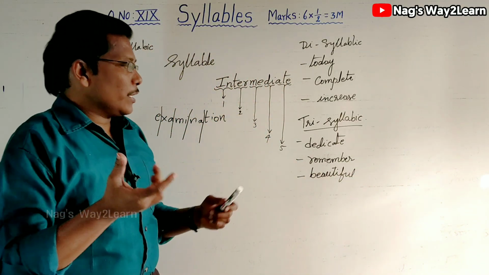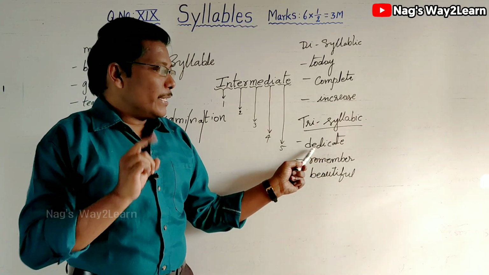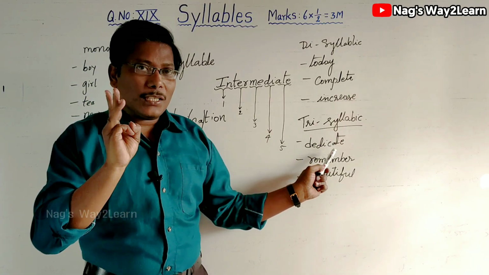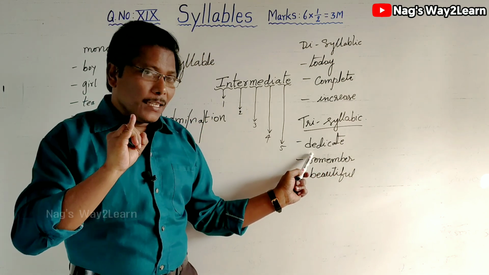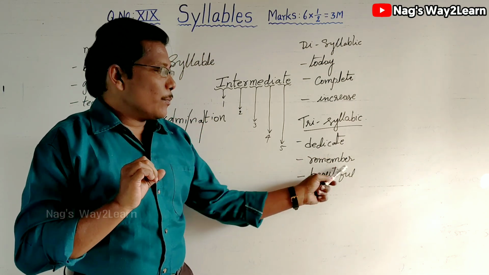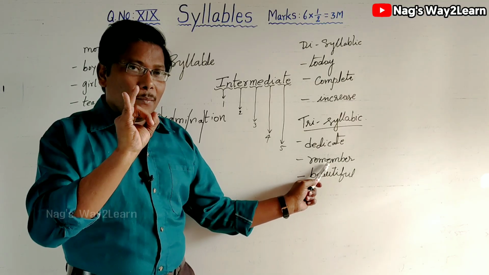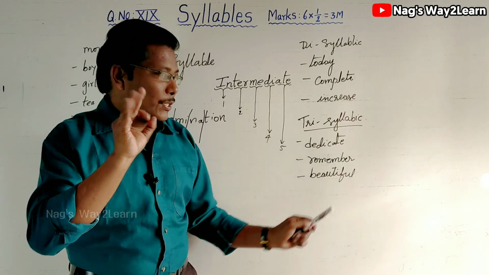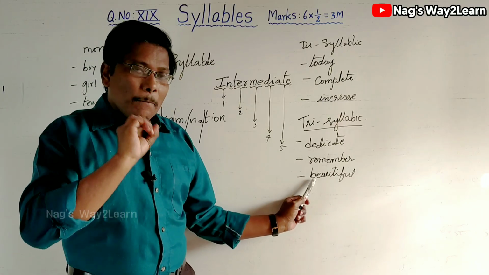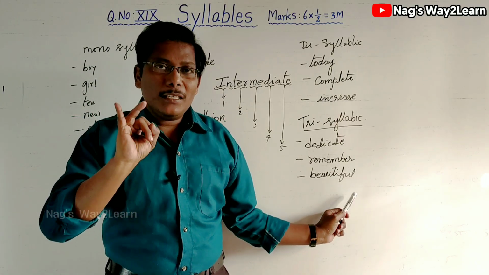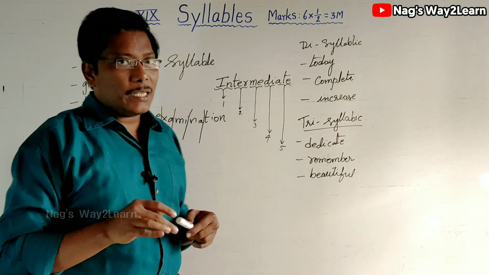You just observe these words, dedicate, ded-i-cate. There are 3 syllables. Okay, you got it? In the same way, remember, re-mem-ber, 3 syllables. Beautiful, beau-ti-ful, there are 3 syllables like this.